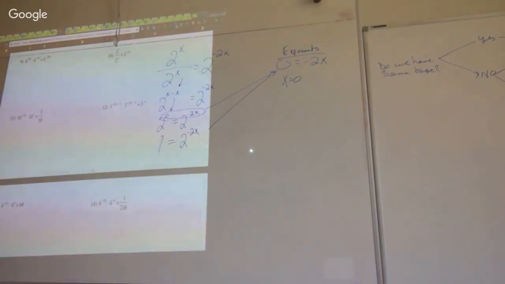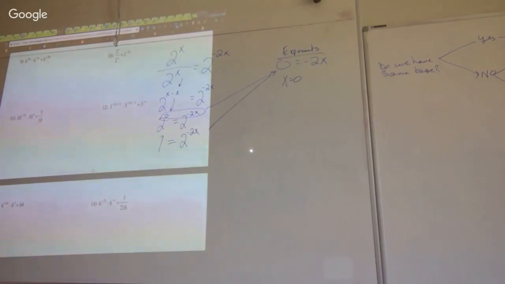If negative 2x equals negative 1, then 10 would become 0.1. Okay, so you convert these into decimals. There's an easier way to do this. That's good thinking, but I don't have to convert these into a decimal. What does that mean when I have a negative power? I flip it. Now, it works both ways.